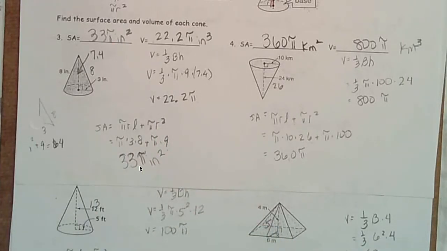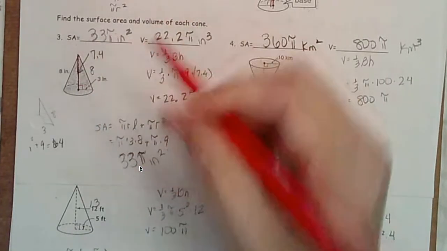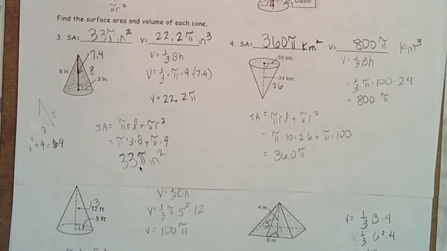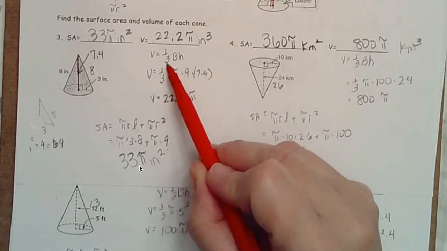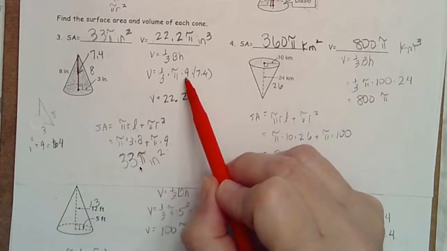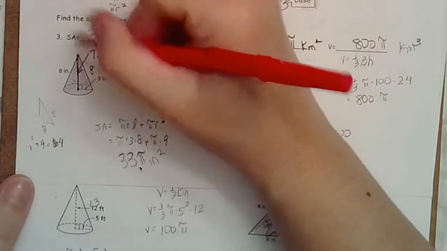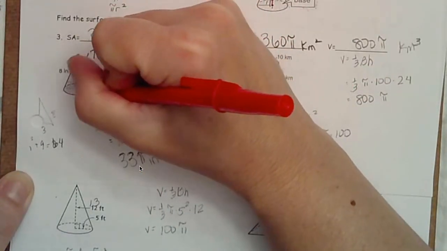What we do not have for volume is this height number. I get it. You see the 7.4 because I wrote it in. We have to find that. So it's 1/3, fine, pi r squared, so pi r squared is 9, times your height. Hopefully you see here, I'm going to outline it in red.